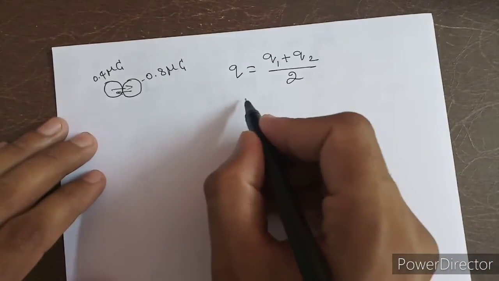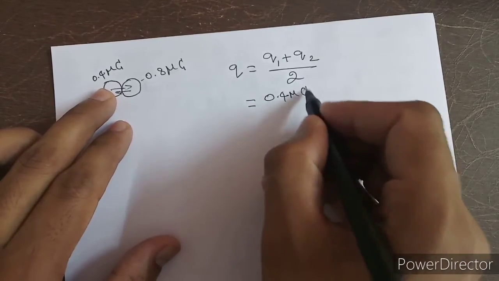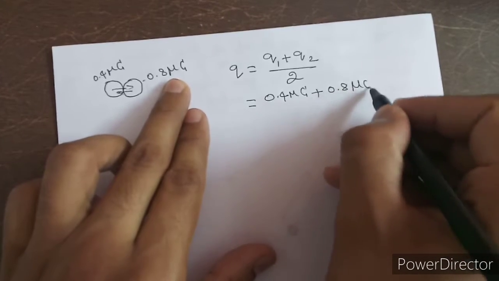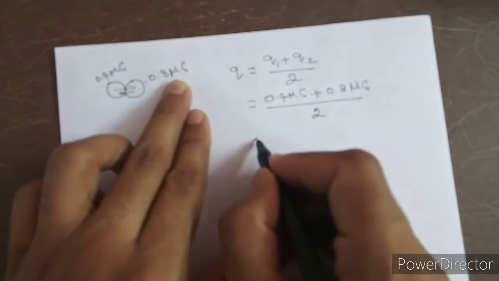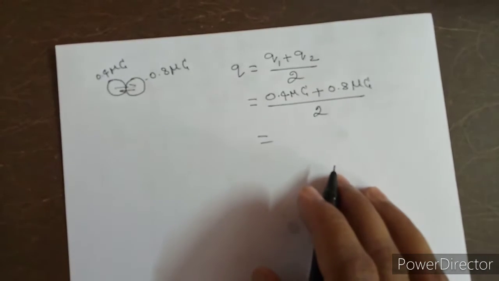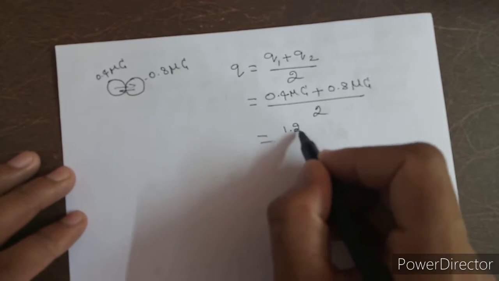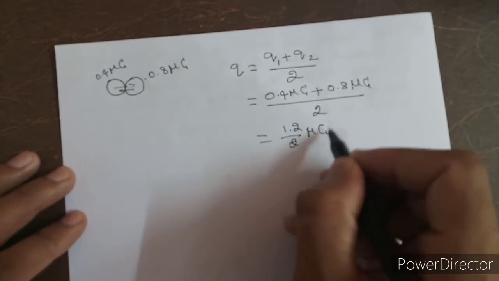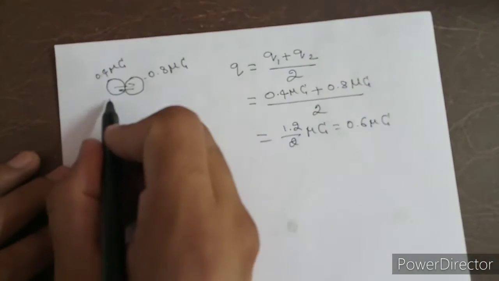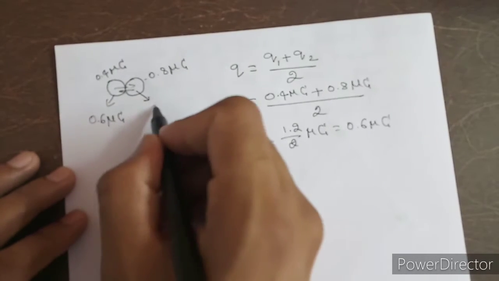So that is equal to 0.4 microcoulomb plus 0.8 microcoulomb, divided by 2. 0.4 plus 0.8 is how much? 1.2 divided by 2 microcoulomb, that is nothing but 0.6 microcoulomb. That means each acquires 0.6 microcoulomb of charge.